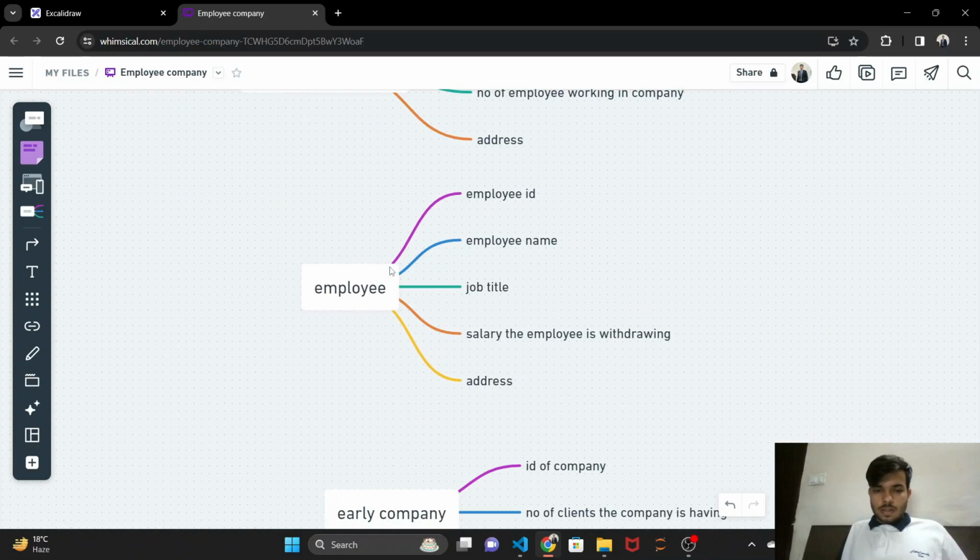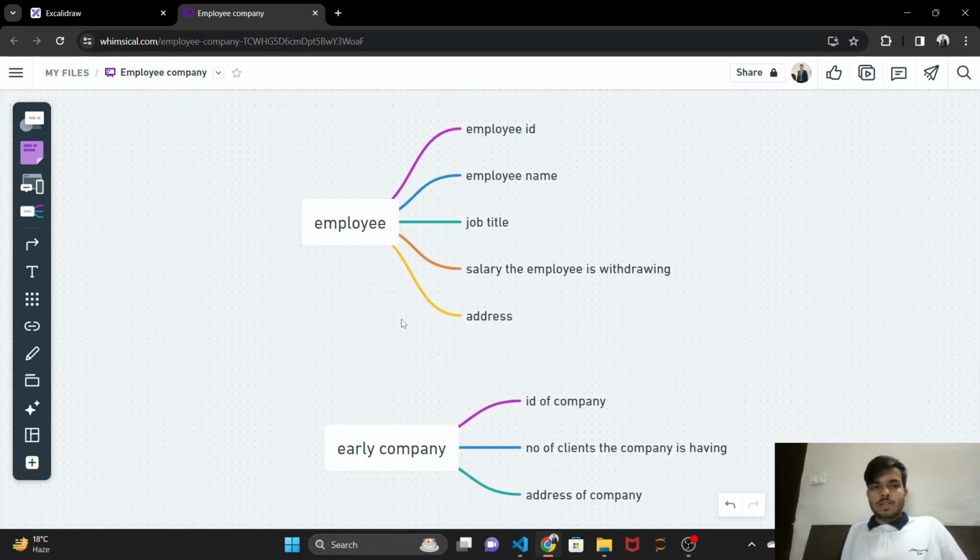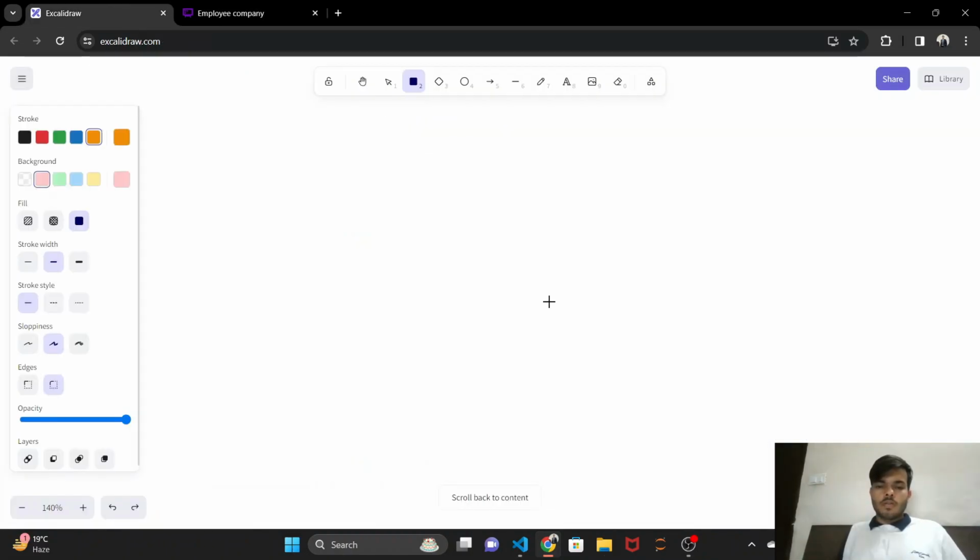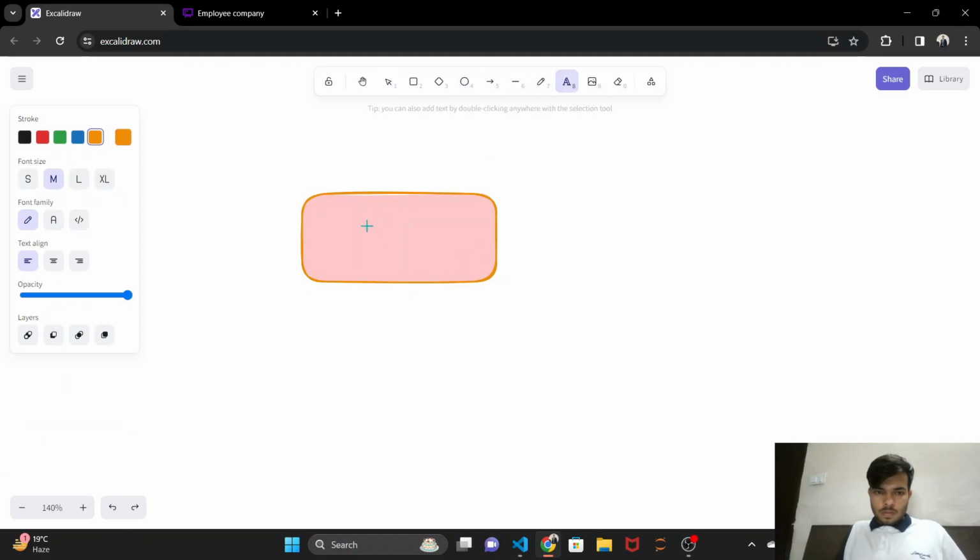So now let's dive into making our ER diagram. So now let's start with making of our ER diagram. First entity will be employee company.